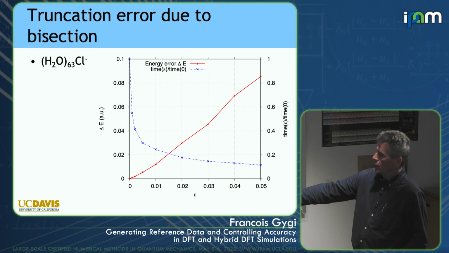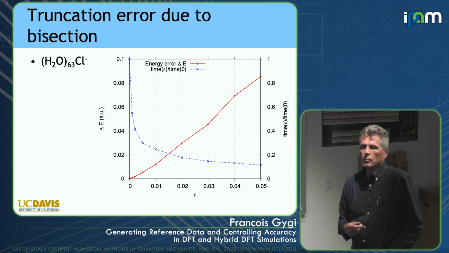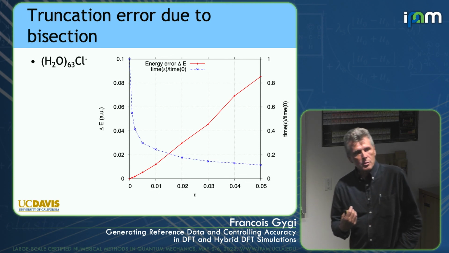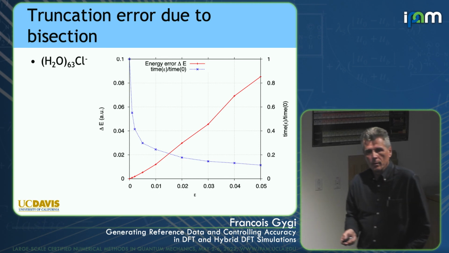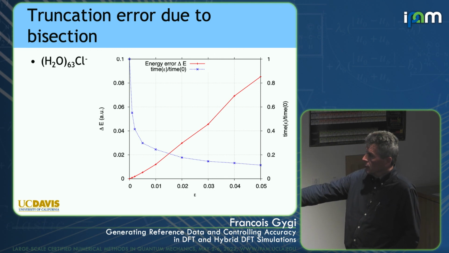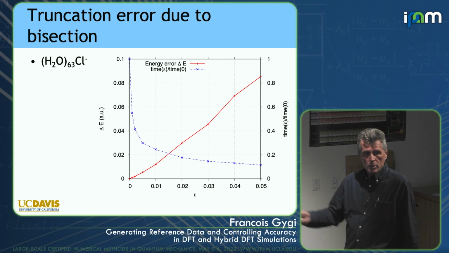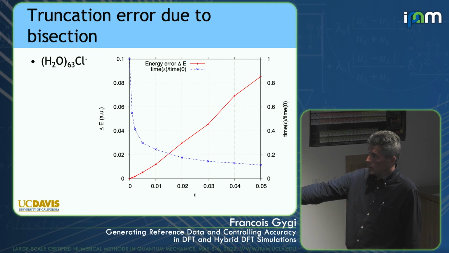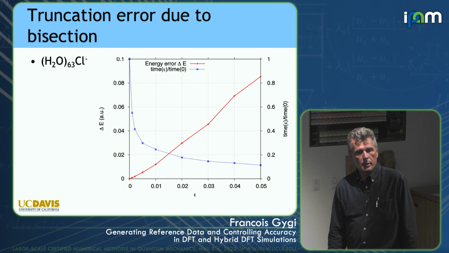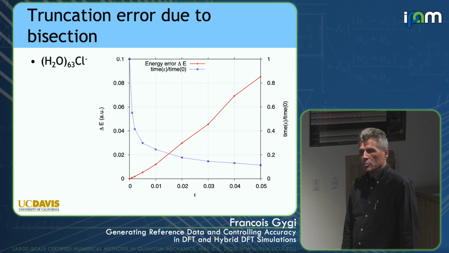So I can play with that number and see where I have a sweet spot, where I get less of a cost, but not too much of an error. But importantly, and that's in contrast with some methods that do truncation of Wannier functions, I can reduce that to 0. I can really see what the error is continuously all the way to 0.